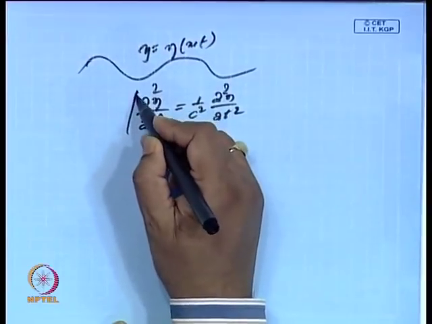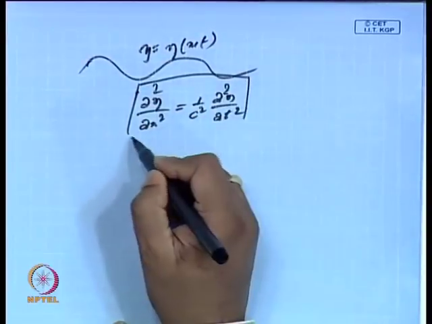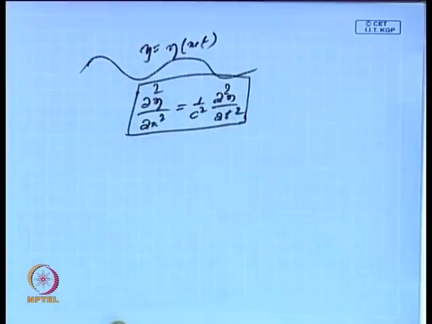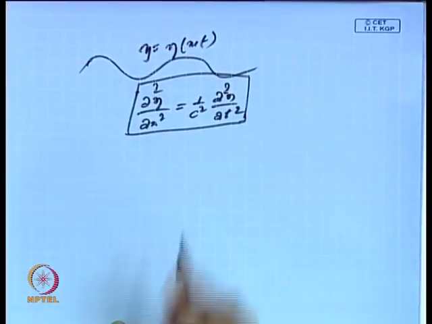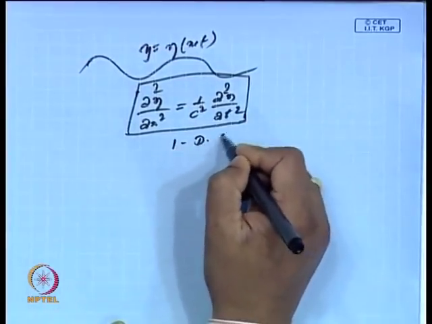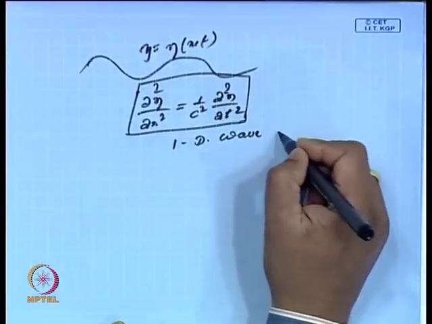The moment I talk about a wave, I should have a surface, and that surface has to satisfy this relation. This is the one dimensional wave equation.